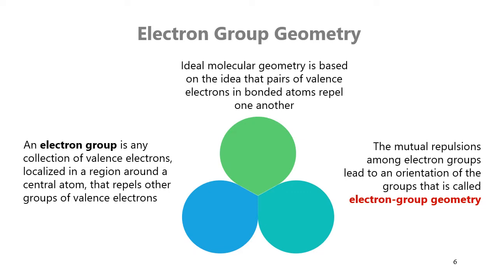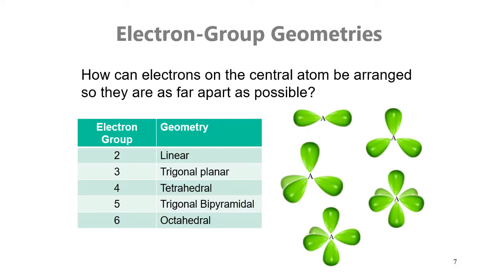In electron group geometry, we can expect the electrons on the central atom to be arranged so they are as far apart as possible. There are a few categories of electron group geometry based on the number of electrons.